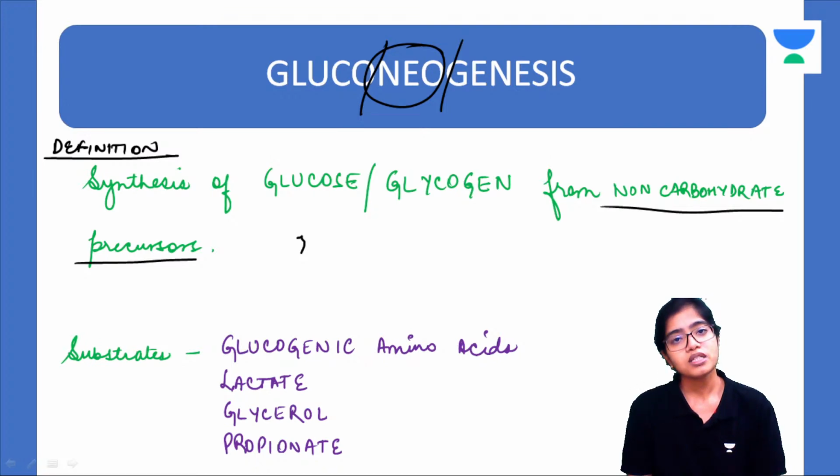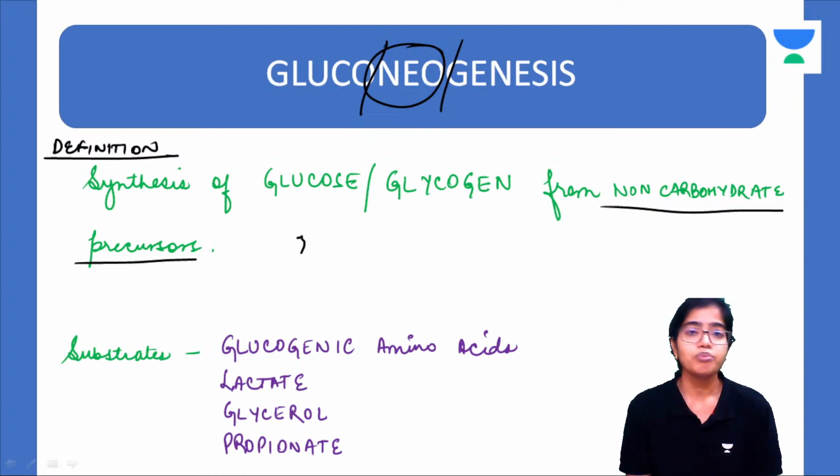So what is the function of gluconeogenesis? It will prevent hypoglycemia. Suppose a person has not been taking glucose or any meal, and all his blood glucose levels have been exhausted. Now what will happen? The person will need to form glucose inside.